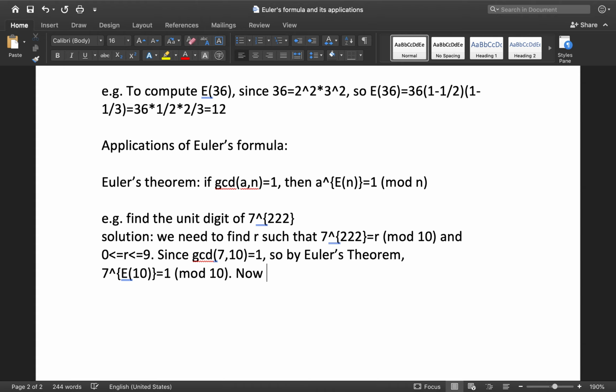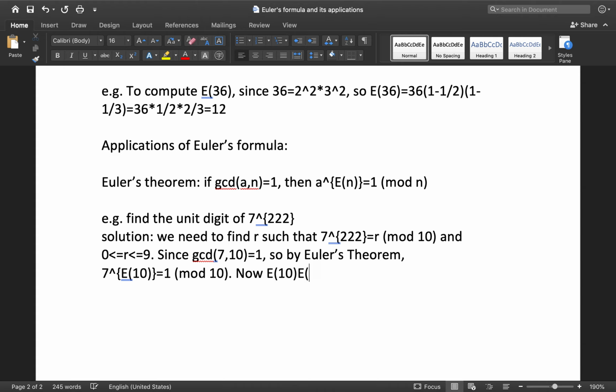Now your remaining task is, of course, to evaluate that φ(10) and see the relation between this number and 222. That's not the end, because you have to find the unit digit of this original number. Now φ(10), what is it?